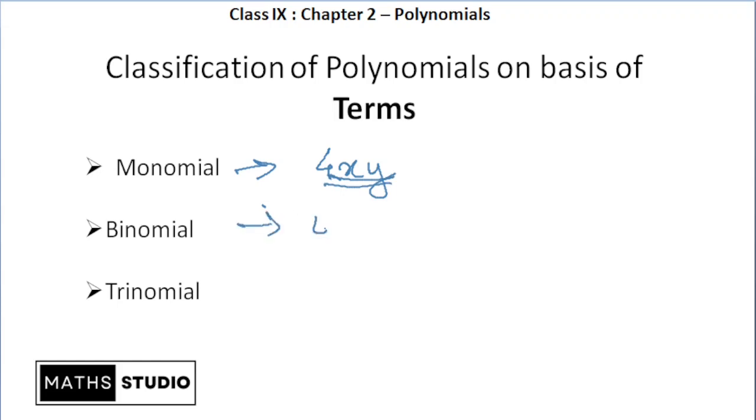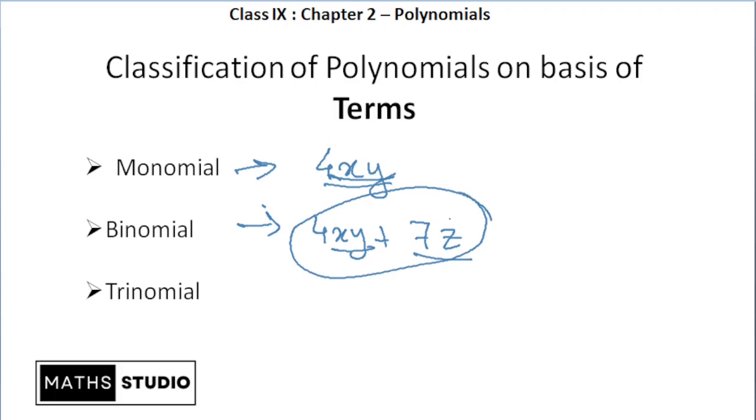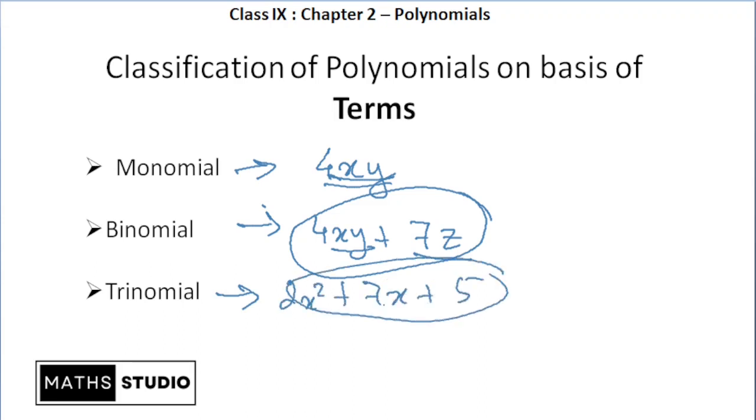In binomial, say 4xy plus 7z, there are two terms involved. So this kind of polynomial will be known as binomial because there are two terms. For trinomial, say 2x square plus 7x plus 5. This is a trinomial. So monomial, binomial, trinomial. So how are we classifying? Based on the number of terms.